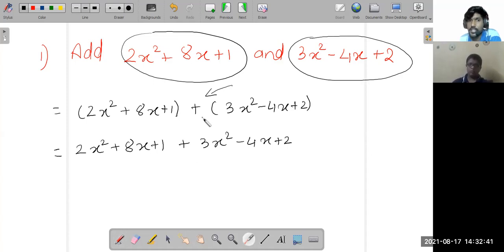But since we have a plus sign here, nothing changes after opening the bracket. But if you had a negative sign here, one minute.